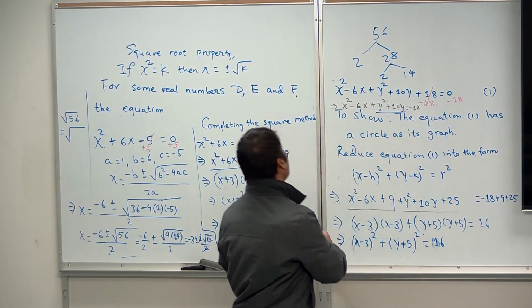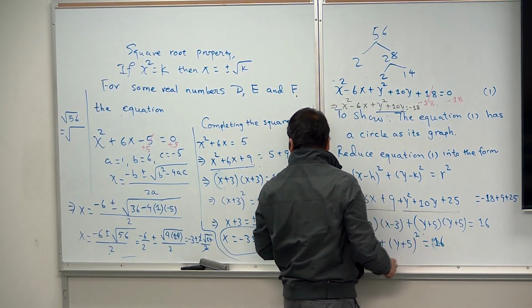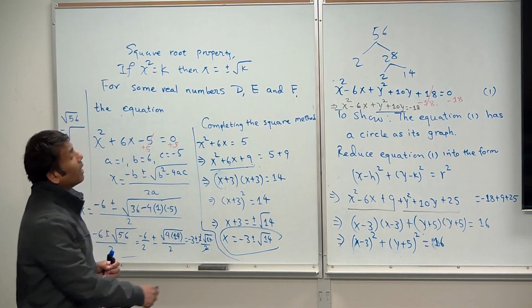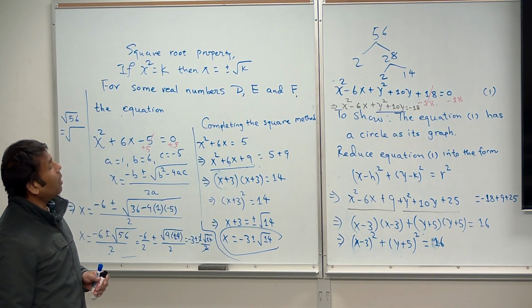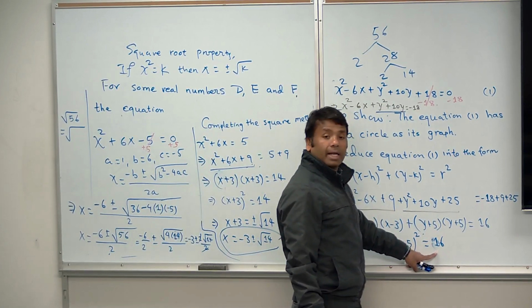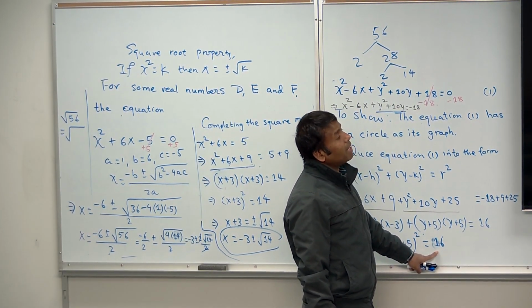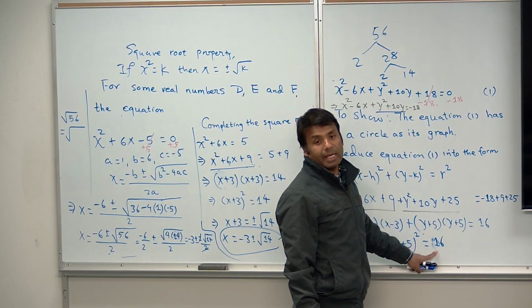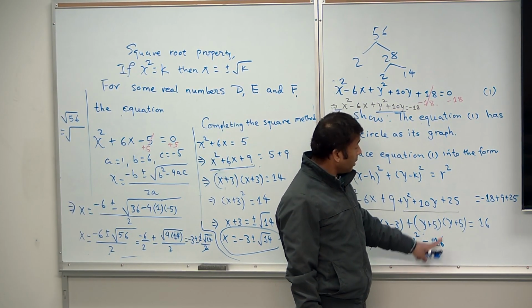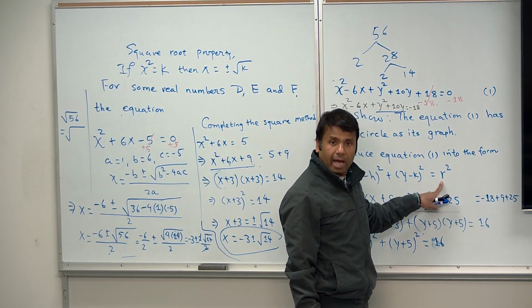After doing all this, if you get the value of r square positive, so that means the graph of the equation is a circle. We got here positive 16, is that right? Because this is r square, so this should be positive.